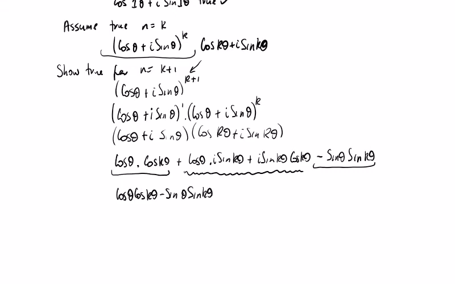Now, have we already seen today cos A cos B minus sine A sine B? And then we have plus i times cos theta sine k theta, that's this one here. Well, I have an extra k theta in here, don't I? Yeah, this one should just be theta.